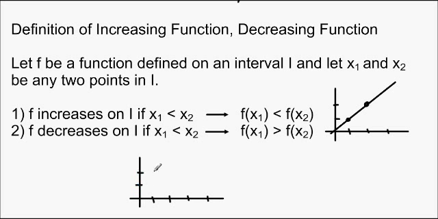Maybe I have the point (1, 2) and then (3, 1). So my smaller x value, x sub 1, has a bigger y value, and you see that graph is decreasing. We have a negative slope going down.